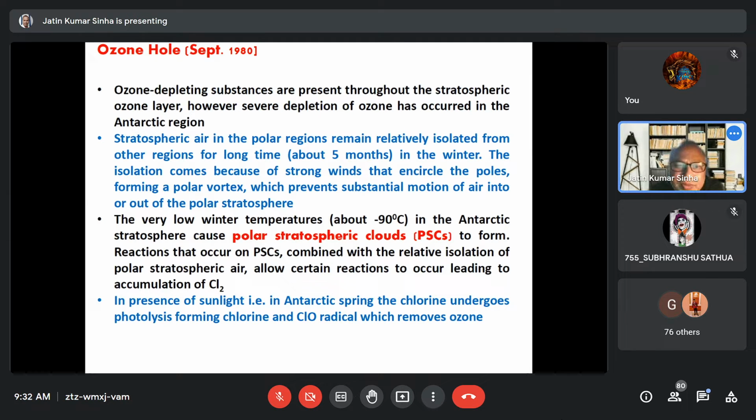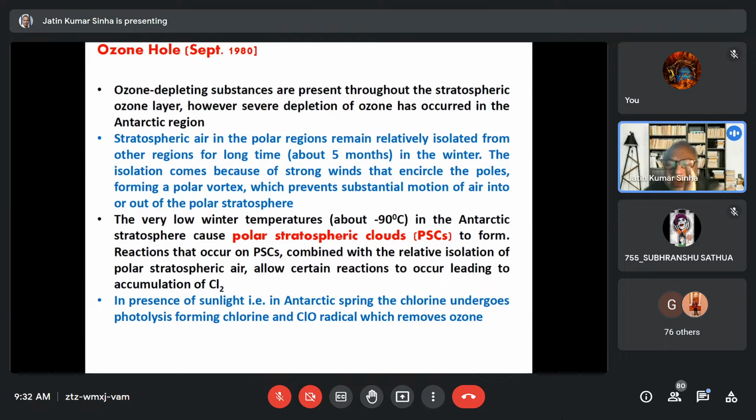Due to the formation of the vortex, these radicals stay there, because the vortex rotates and keeps the radicals, or the pollutants, limited there. They will not be diffused to other parts of the Earth. So this is one of the main reasons. And this type of vortex stays for almost 5 months.